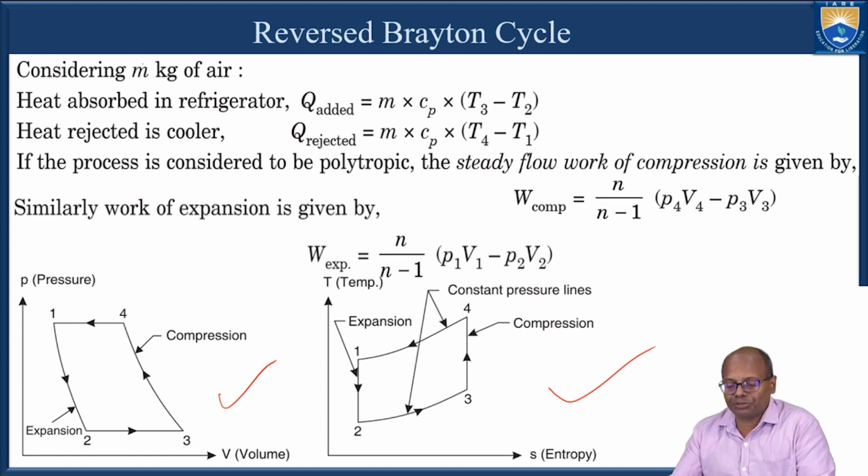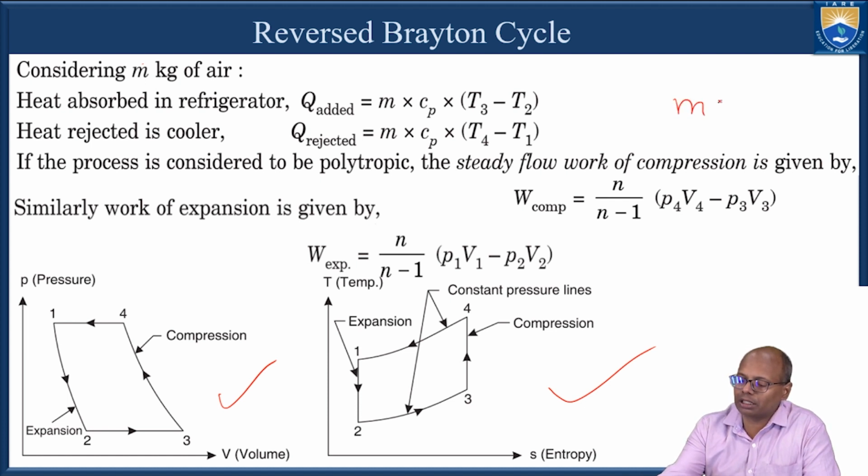The heat absorbed is nothing but mcp delta T. Heat absorbed is nothing but mcp delta T. So mcp delta T is the change in heat, or heat added or heat rejected from the system.